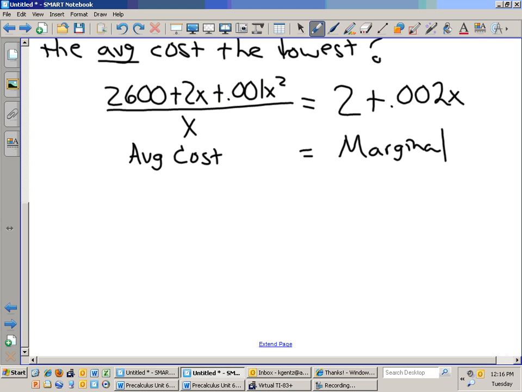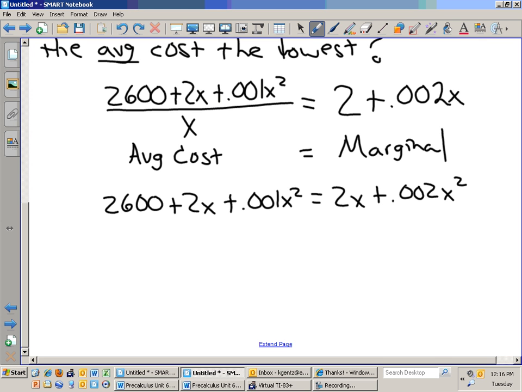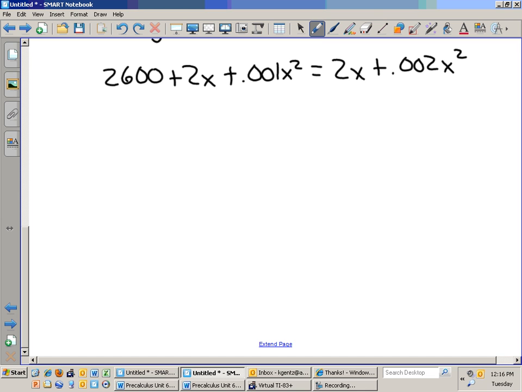Okay, multiply both sides by x, so I have 2600 plus 2x plus 0.001x squared equals 2x plus 0.002x squared. Right? I'm going to gather all my terms on one side. I'm going to subtract 0.001x squared over here. Notice my 2x's cancel.